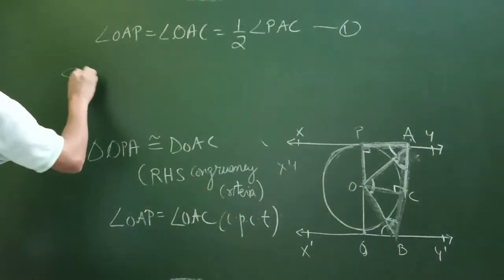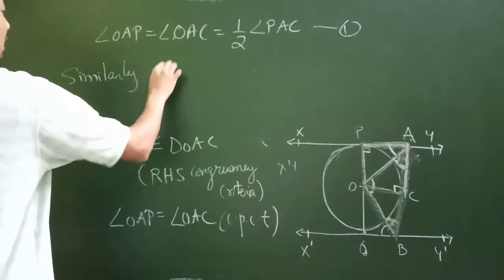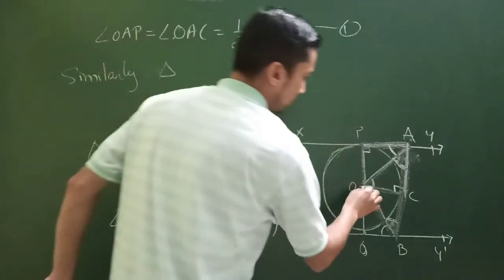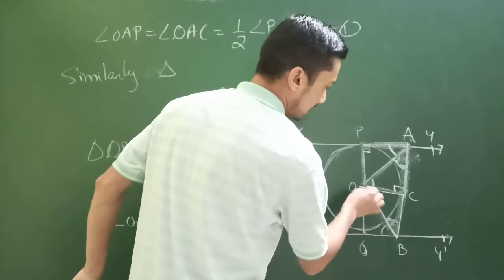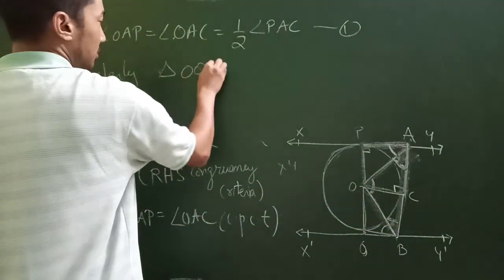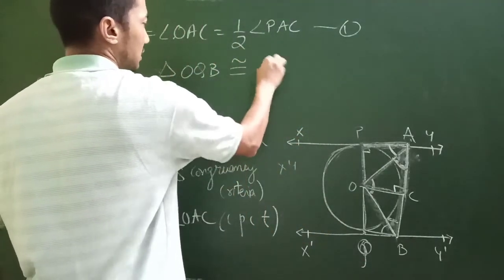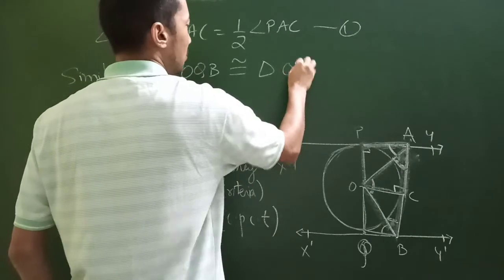Similarly, we are not going to prove again, but we will write this triangle and this triangle. Similarly, triangle OQB is going to be congruent to triangle OBC.